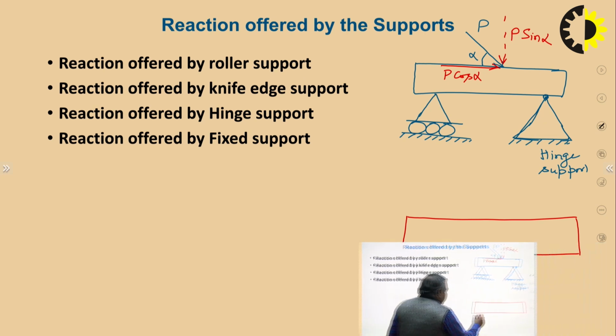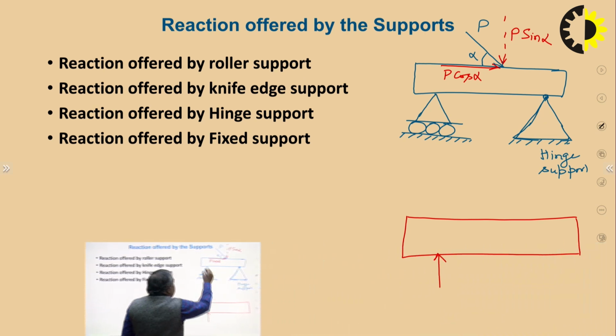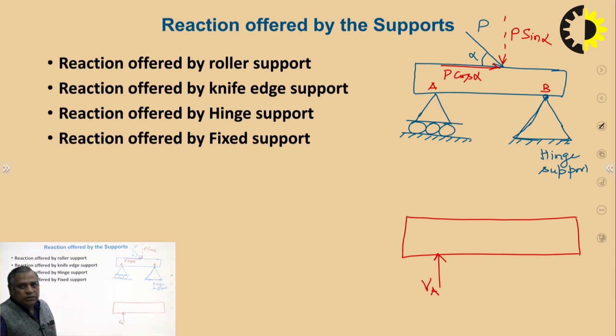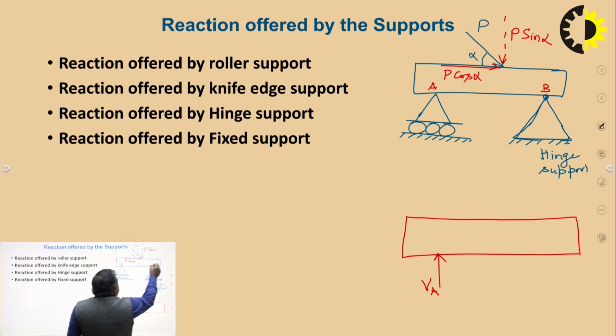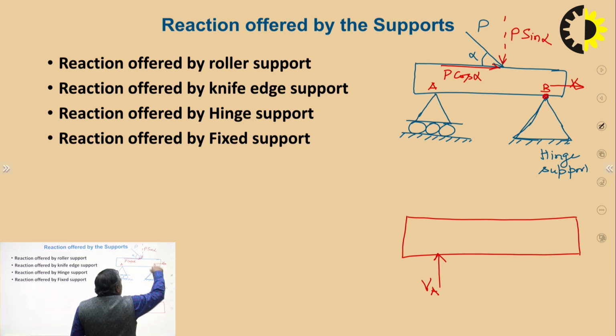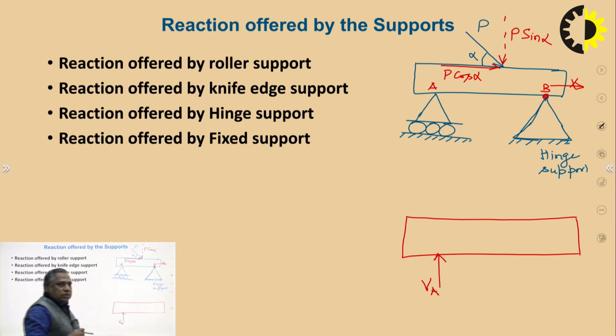So it will offer only one reaction at A, that is VA. Whether this is a knife edge support or roller support, it will offer only one reaction in the vertical direction. In the hinge support, this is pinned here. It will not allow to move in the rightward direction. It cannot move in the downward direction because solid support is there, right?